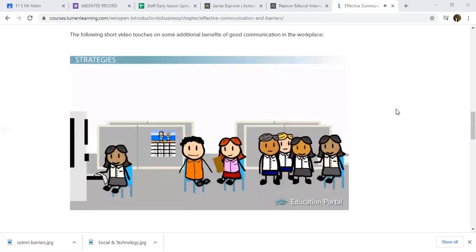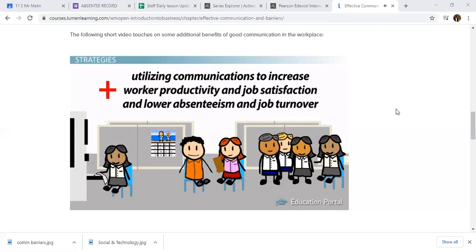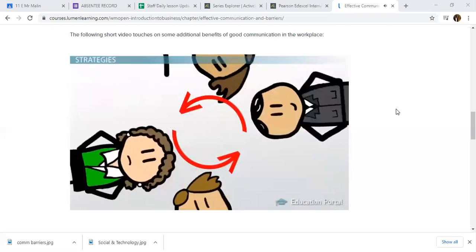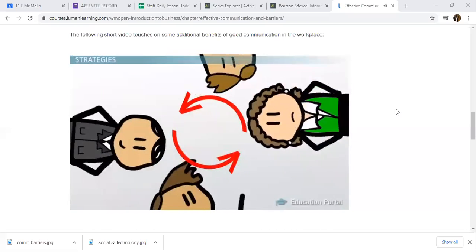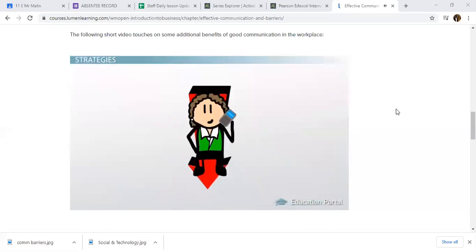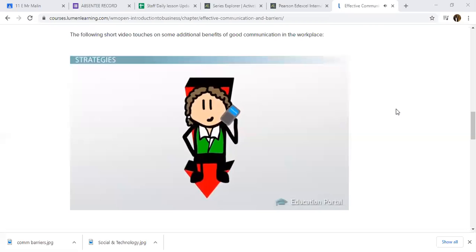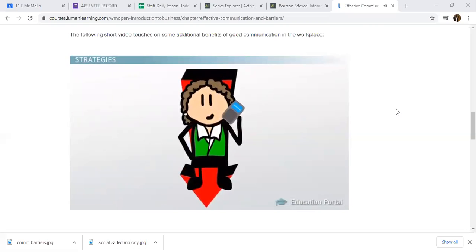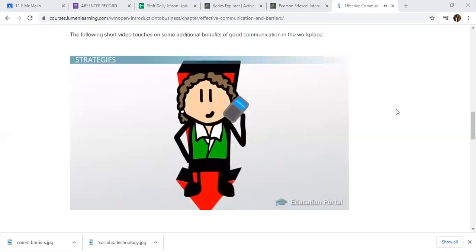As we just saw, workplace communication can be utilized in both positive and negative manners. Positive strategies mean utilizing communications to increase worker productivity and job satisfaction and lower absenteeism and job turnover. This can be implemented by organizations by having an open communications policy. Downward communication should be used to inform and educate employees on corporate news and events and to combat rumors and problems.